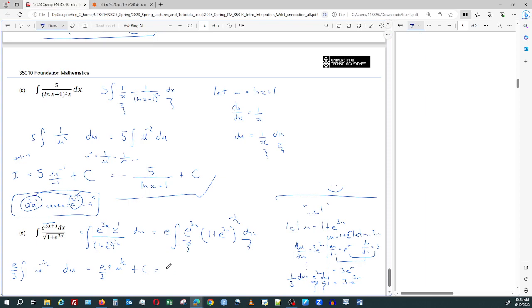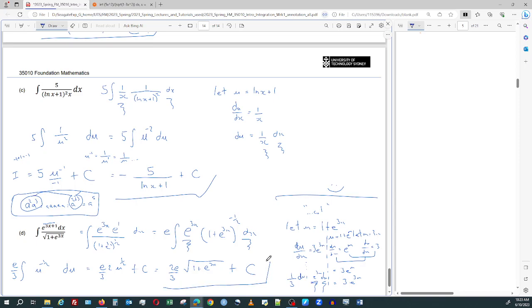So finishing that off, we've got 2/3 e, the square root of 1 plus e to the 3x plus C. So that's our final result.